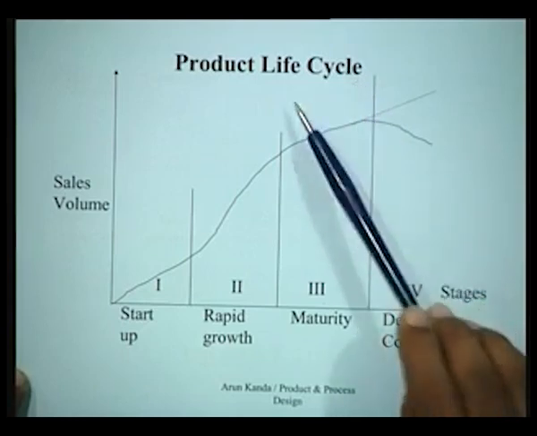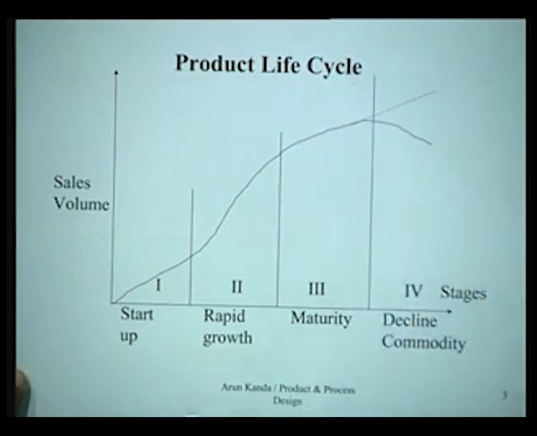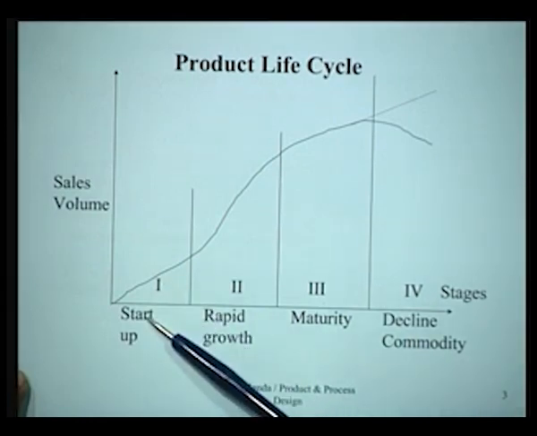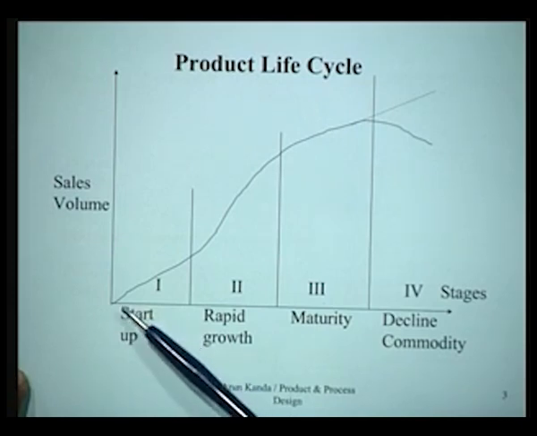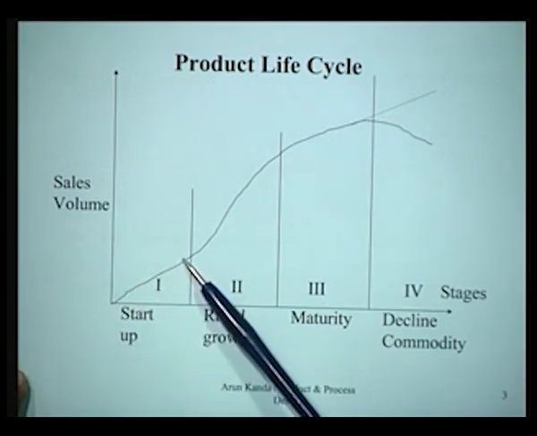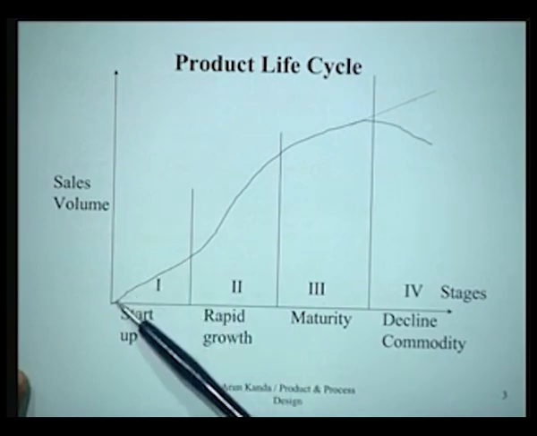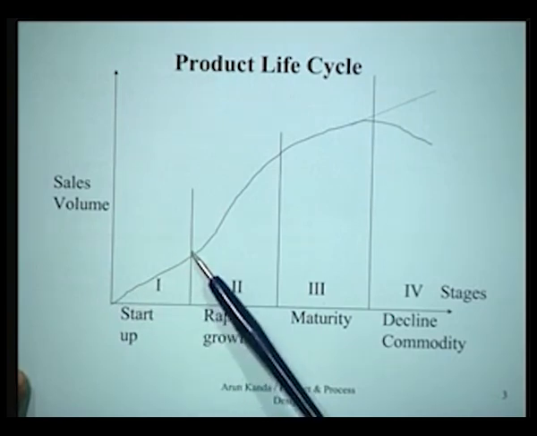Every product has a product life cycle, and typically if you look at the stages of the product life cycle, we can identify 4 different stages. The first stage is the startup stage. When the product is introduced, typically the sales volume tends to grow at a smaller rate, so that the slope of this line is generally small.